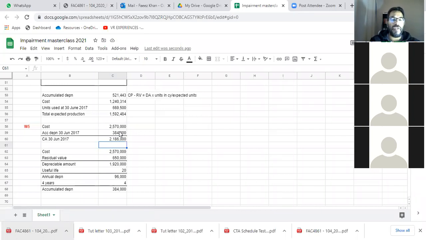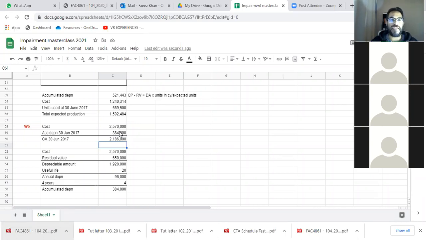What made it a corporate asset was that it met two characteristics. Number one, the factory cannot generate cash inflows independently. Number two, the factory cannot be allocated, it's not used by one CGU, it is used by more than one CGU. So that made it a corporate asset.